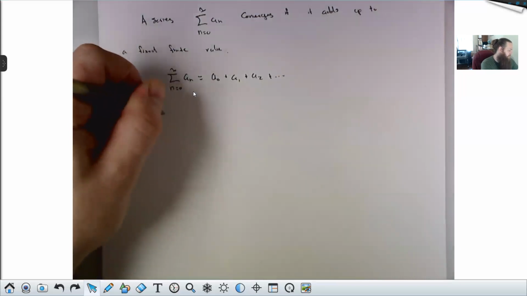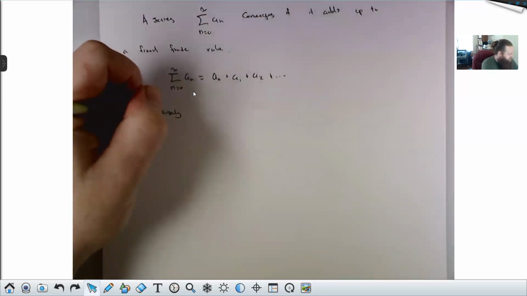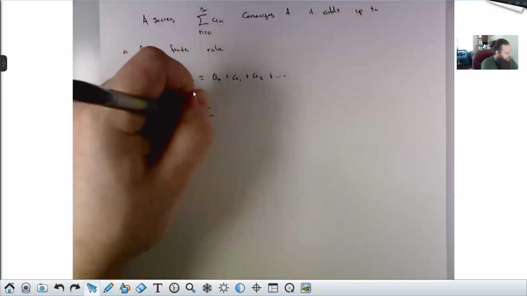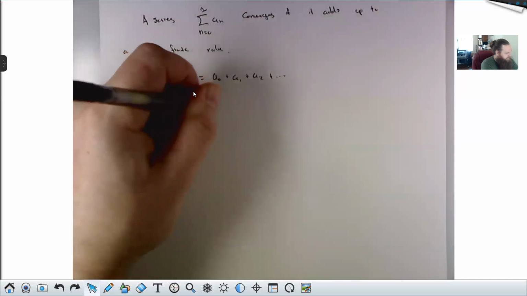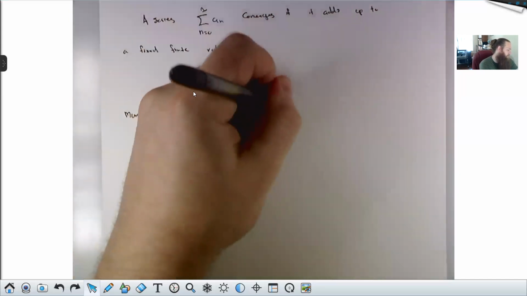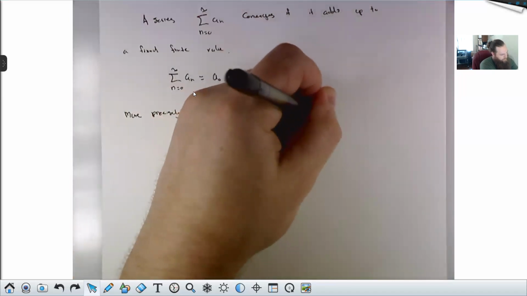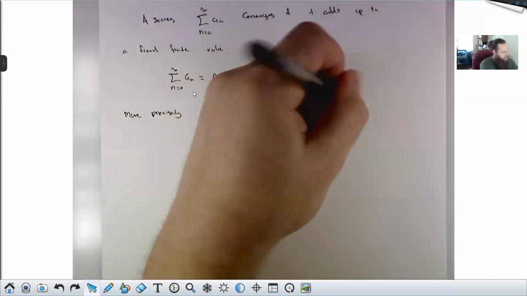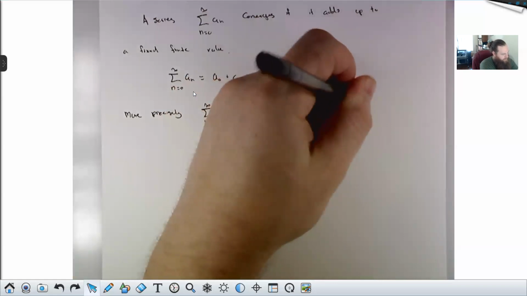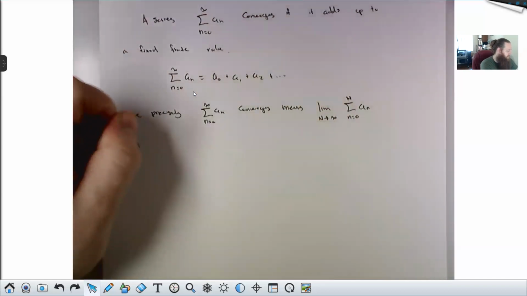So when I say that this adds up to a fixed finite value, what I really mean, precisely: the sum from n equals 0 or wherever to infinity of a_n converges means that the limit as capital N goes to infinity of the sum from 0 to capital N of a sub little n exists and is finite.